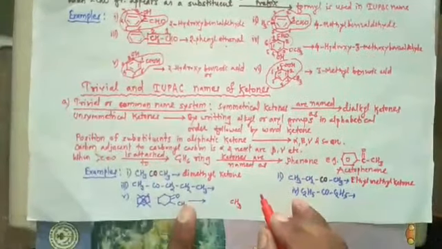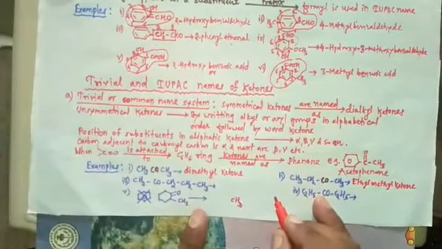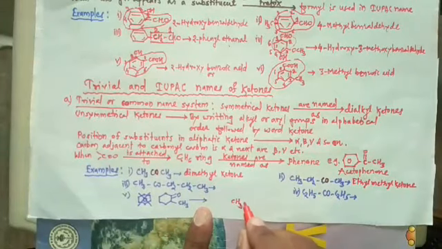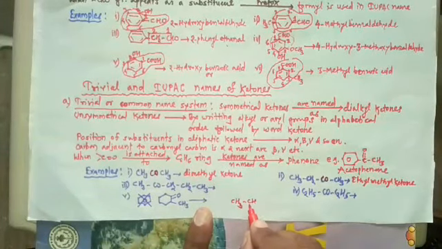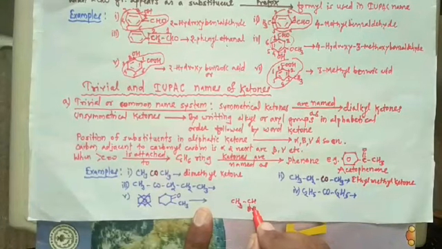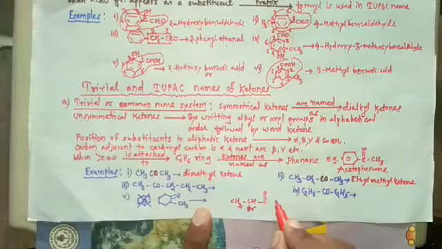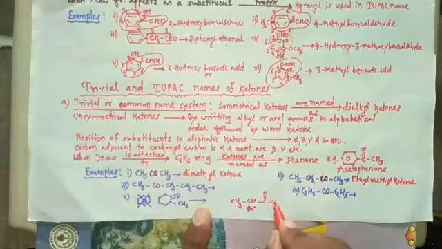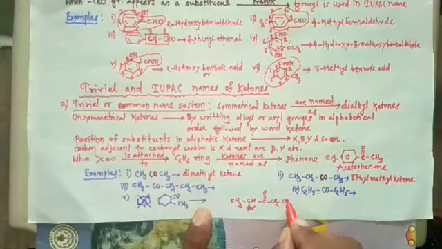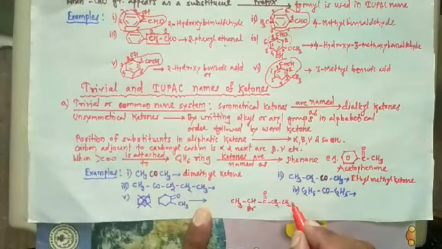CH3, then here CH, here Br, then here C double bond O, then here CH2, and CH3.